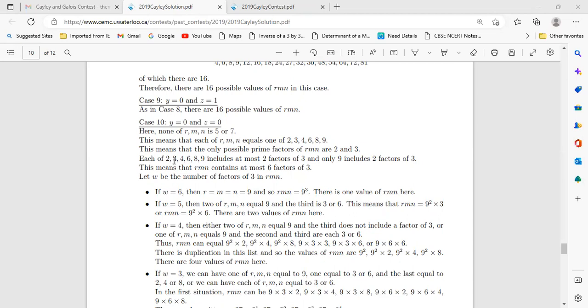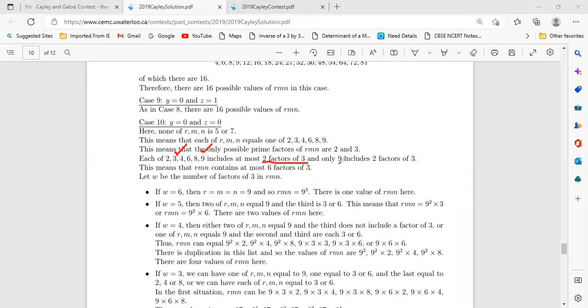So each of 2, 3, 4, 6, 8, 9 includes at most 2 factors of 3, and only 9 includes 2 factors of 3. What does it mean? There are 2 factors of 3 at most. There's 3, and then from 9 there are 2 factors.